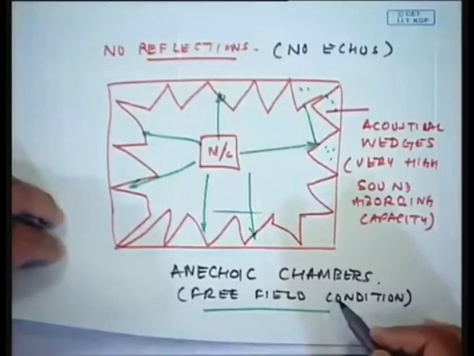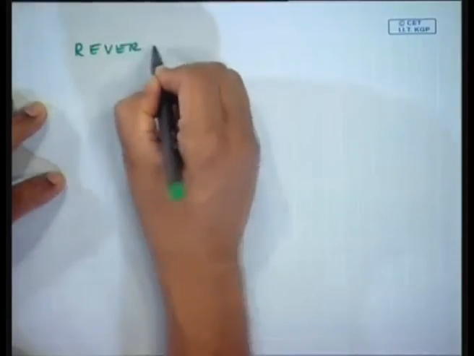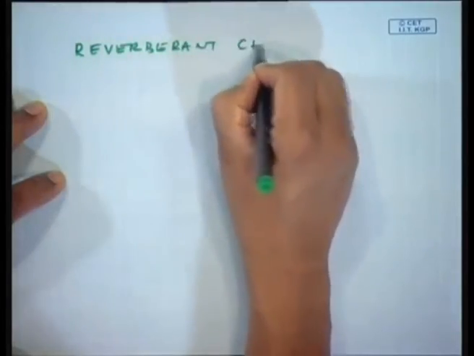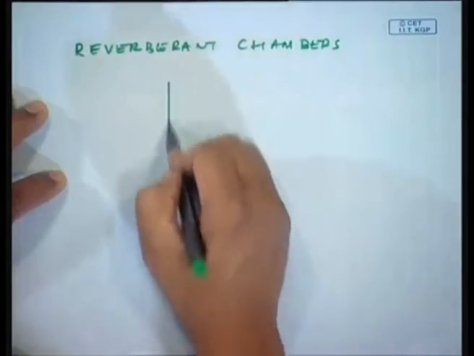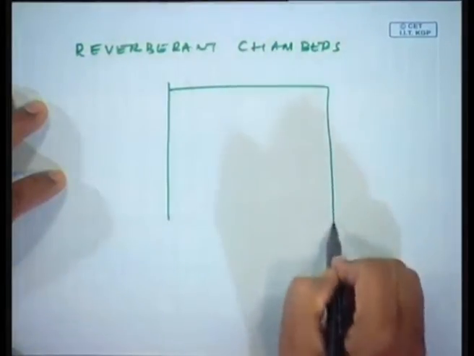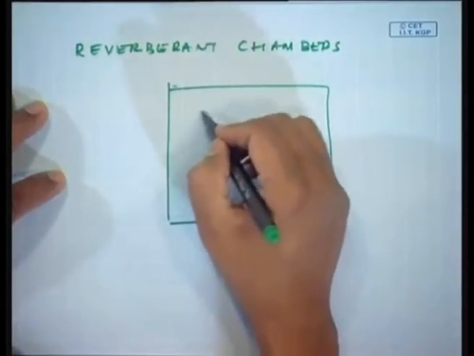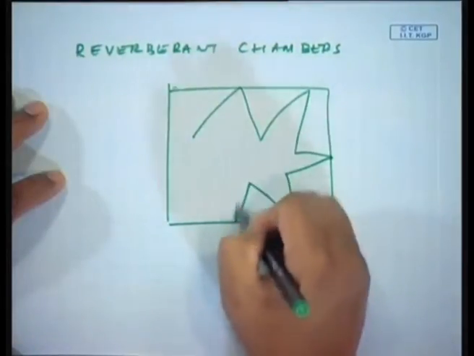And opposite to anechoic chambers is what is known as reverberant chambers, wherein the walls are very hard. So, there are a lot of multiple reflections. I will not draw all these multiple reflections.